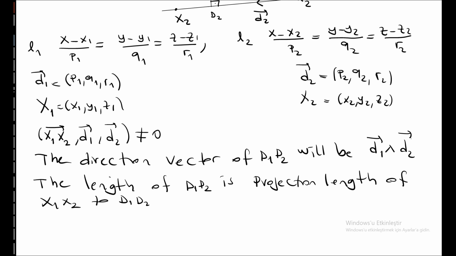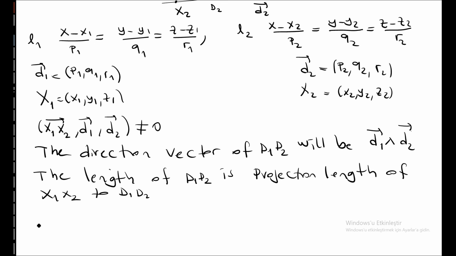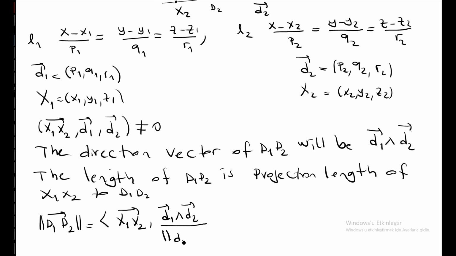Then d1, d2 will be this length. So the projection of this x1, x2 to this d1, d2. So it means you need to make this one a unit vector, d1, d2 over this one, d1, d2.